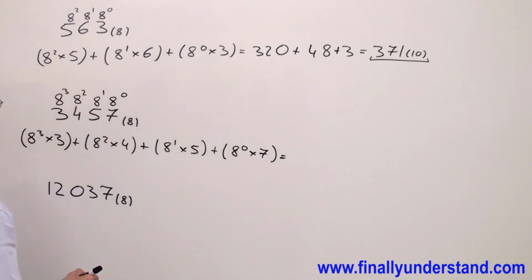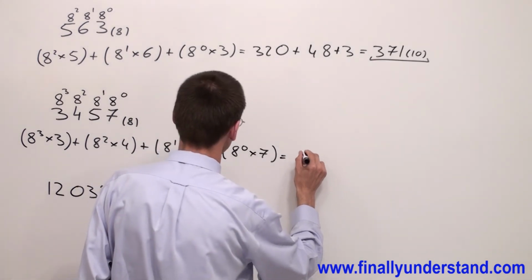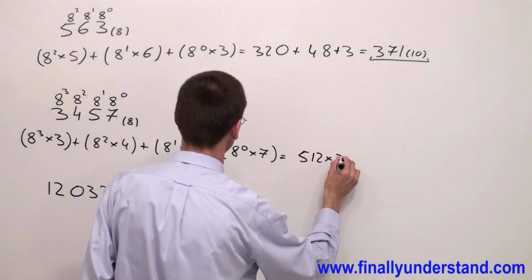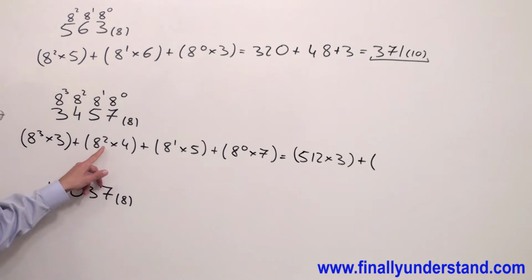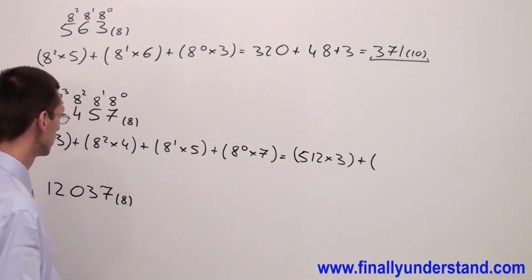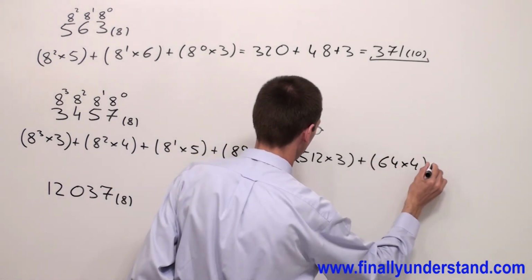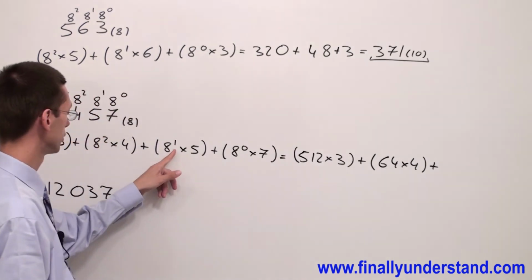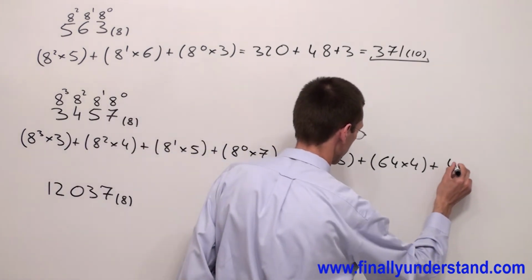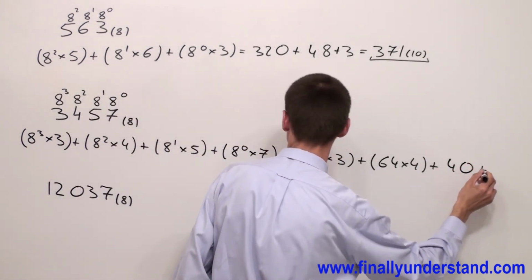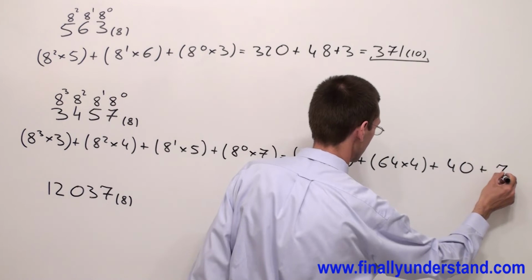This is equal 8 to the third is equal 512. 512 times 3 plus 8 to the second is equal 64 times 4 plus 8 to the first is 8 times 5 is equal 40 plus 8 to 0 is equal 1 times 7 is 7.